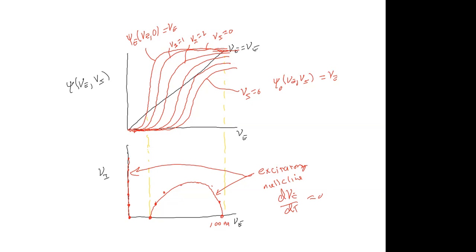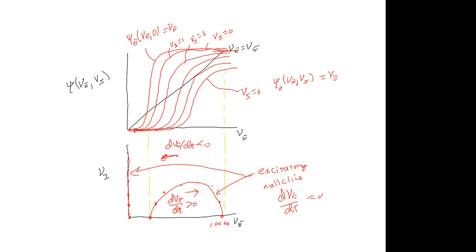It's positive on one side and negative on the other. It's kind of easy to see. Up here, d nu E/dt is less than 0, which means if you fix the inhibitory firing rate and start here, you would go in this direction. And over here, d nu E/dt is greater than 0, you go in this direction.